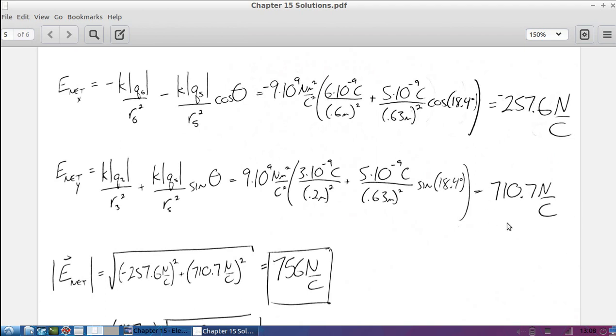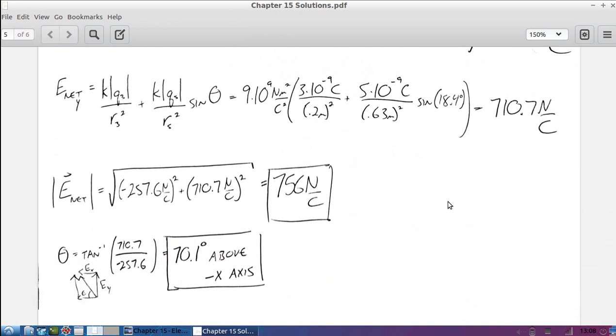So I get 710.7 newtons per coulomb for the net electric field in the y direction. Use the Pythagorean theorem, find the magnitude of the net E field, and I get 756 newtons per coulomb.